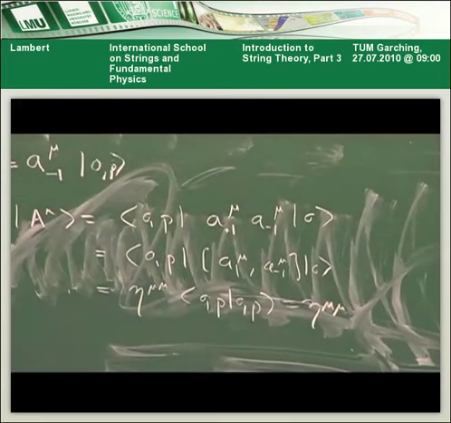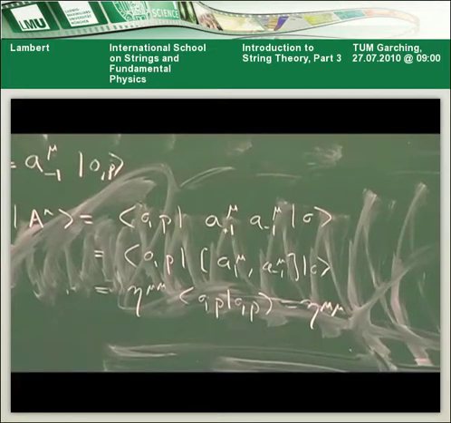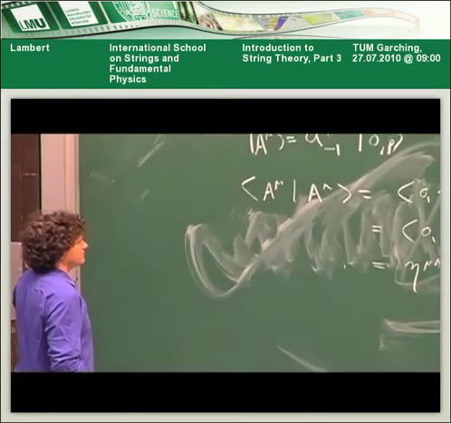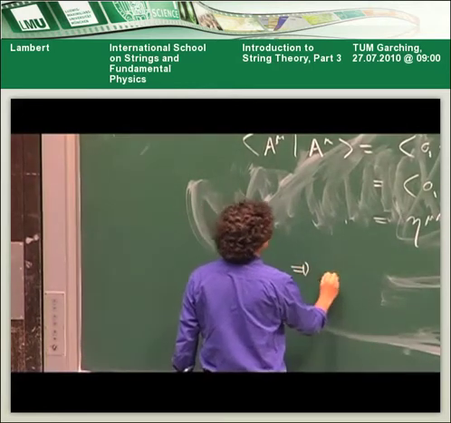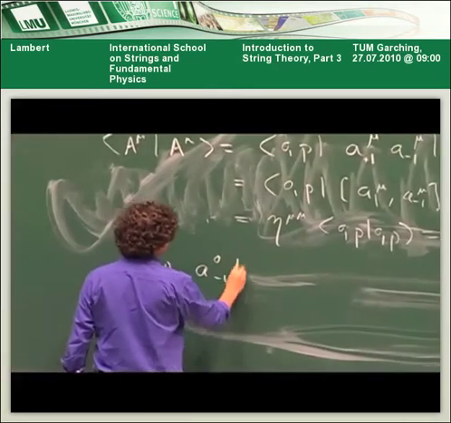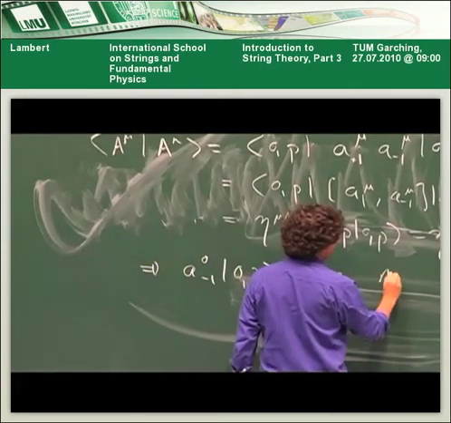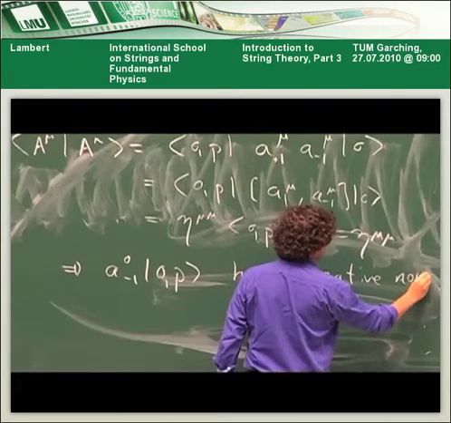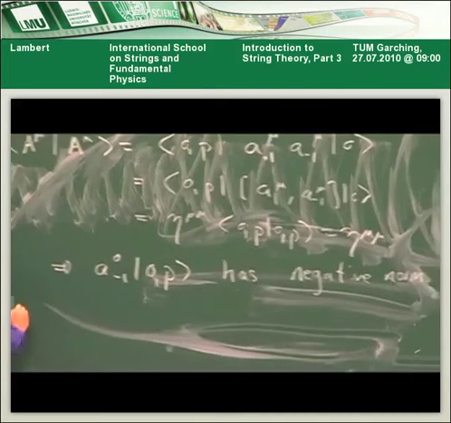Well, the problem is that eta mu mu is not always positive, right? It's got a minus sign for time and plus for space. So there are negative norm states. So A0 minus 1 has negative norm. And here's a simple problem.